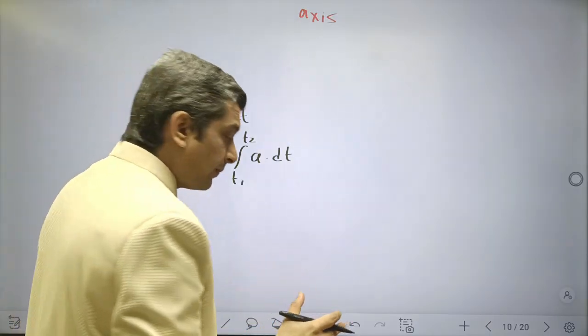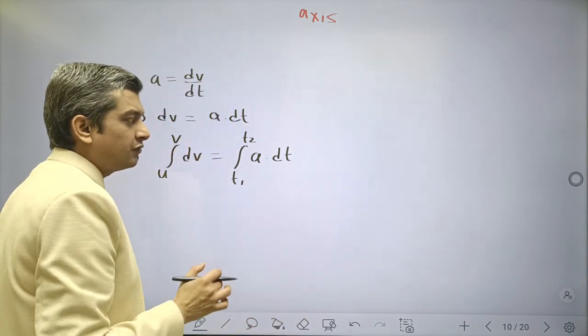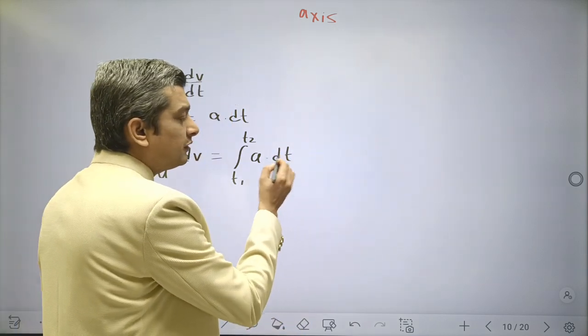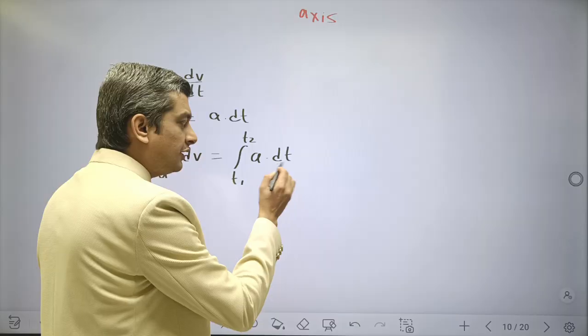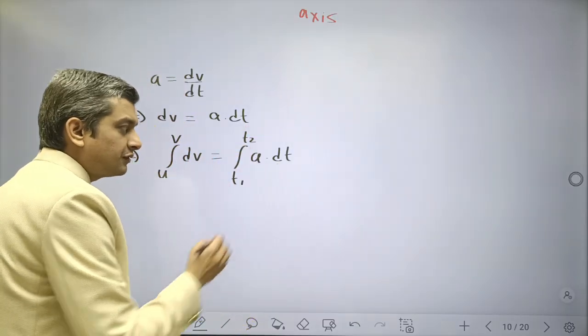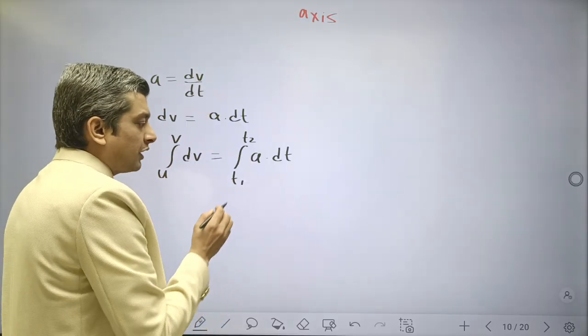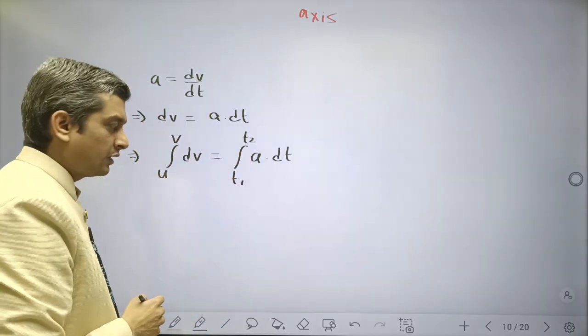So observe, while applying the limits, keep in mind and be careful that here the term dt is being used. So here it is dt, that's why we put the limits in t. This is an infinitesimally small change in time, so here we put the limits of time, from t1 to t2.